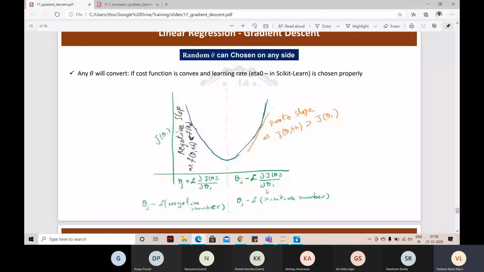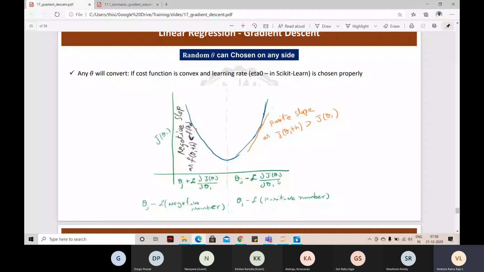So I'm trying to prove that. If you look at this formula, theta j minus alpha into the derivative of j of theta, I should have taken something else, theta i or something. Okay, I chose the next theta as theta j, right?